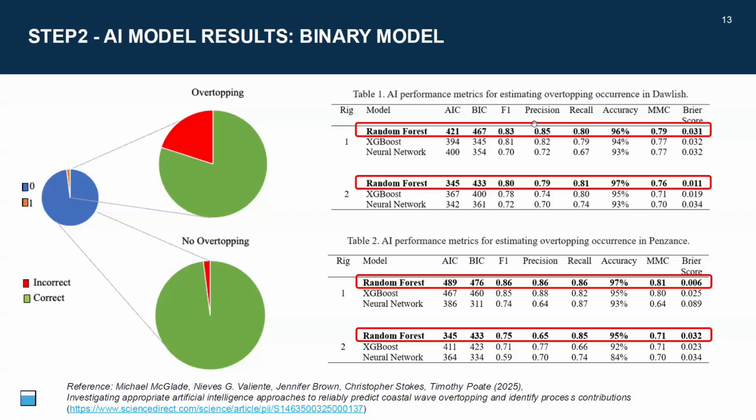We have an accuracy of 96% for random forest at rig 1. We have a similar scenario for rig 2 in Dawlish, with good accuracy for detecting overtopping and non-overtopping events. And also a similar scenario we have in Penzance.